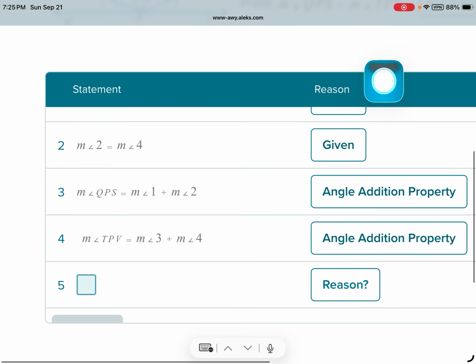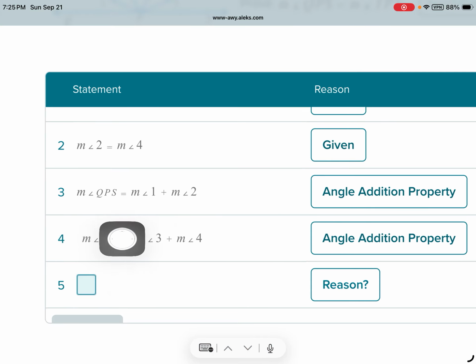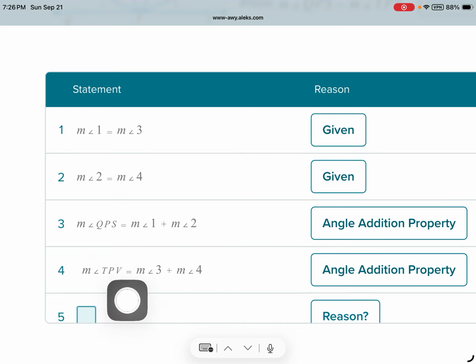So for TPV, I'm going to pick this line, TPV, and I'm going to substitute measure of angle 3 and measure of angle 4 with numbers that they are also equal to. So 3 is also equal to 1. See that? So I'm going to put 1 right there. And 4 is also equal to 2, so I'm going to put 2 there.